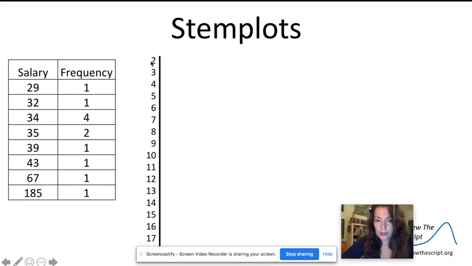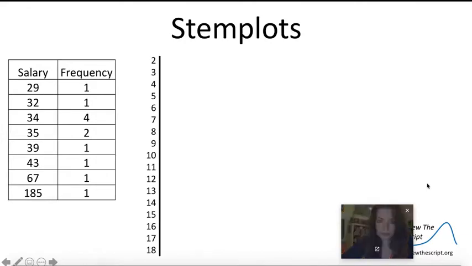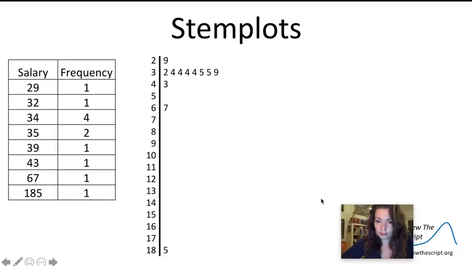So we represent numbers from 2 to actually 18. So you can see the 18 is here, and then we would create our leaves. So this would represent 29, 32, 34, 34, and so on.